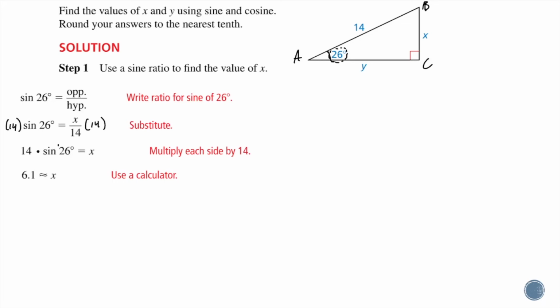In your calculator, you'll see that these will have a parenthesis. You need to close the parenthesis, and you'll have sine of 26. The calculator will tell you 6.1 is the value of x. Now, let's take a look at y. Which trig function could you use that encompasses y? There are two.